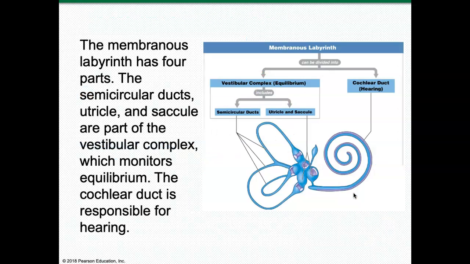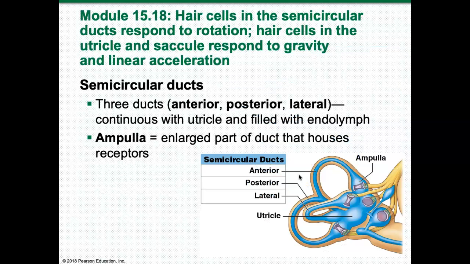So there are four parts of the membranous labyrinth. Remember, it's just like the bony labyrinth. There are the semicircular canals. There are the utricle and saccule. And these are part of the vestibular complex, which monitors equilibrium. The cochlear is responsible for hearing.